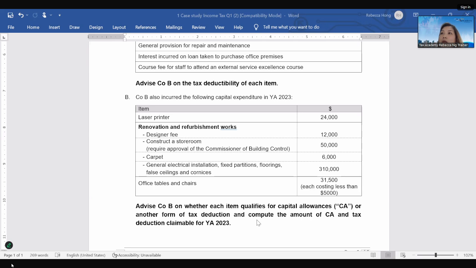We have capital allowances. Then we have how receipts are treated, whether foreign source or Singapore source. It's quite heavy for next week as well. I hope that we have more time next week to go through the case study for question 2 as well.